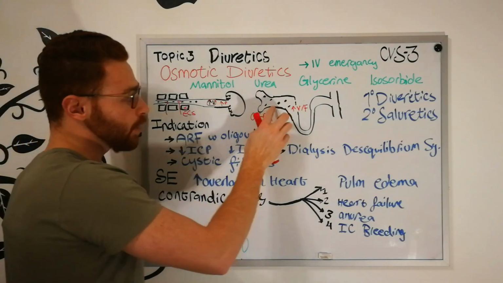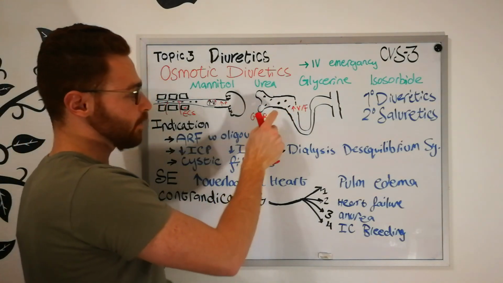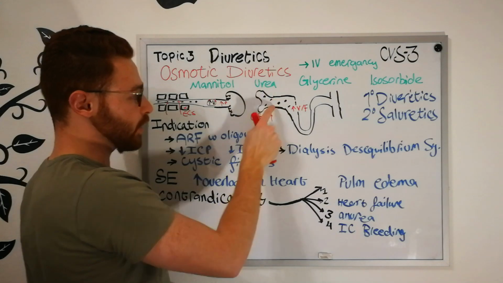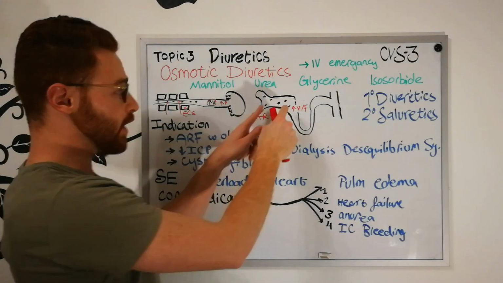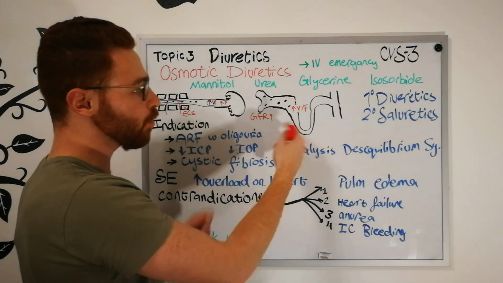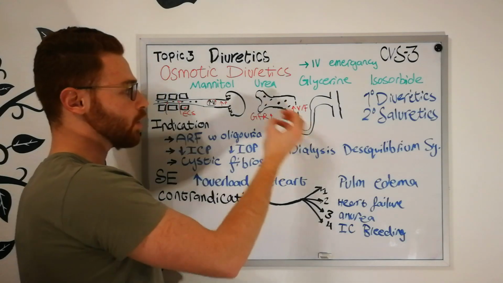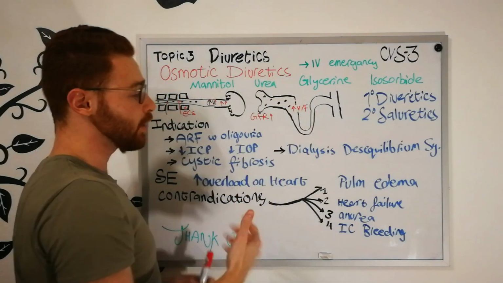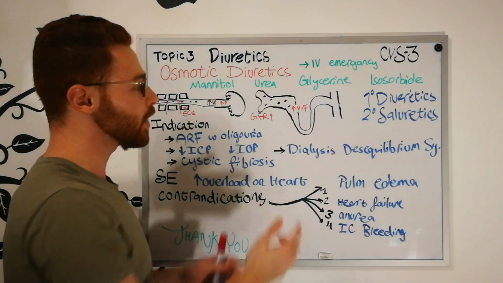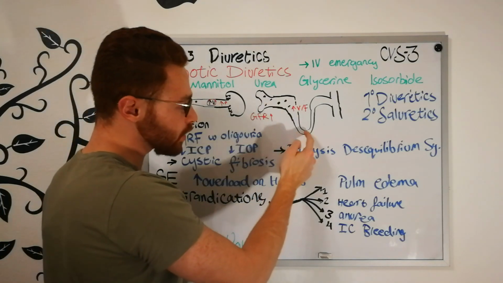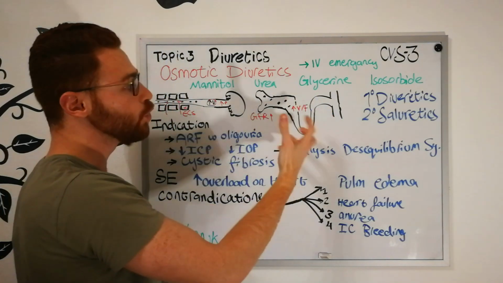And because these osmotically active diuretics are in the nephron, they are going to also inhibit the water absorption from the nephron. So the water is going to be inside the nephron, not even being able to leave it. So it is going to flow really fast along the nephron with a huge volume.